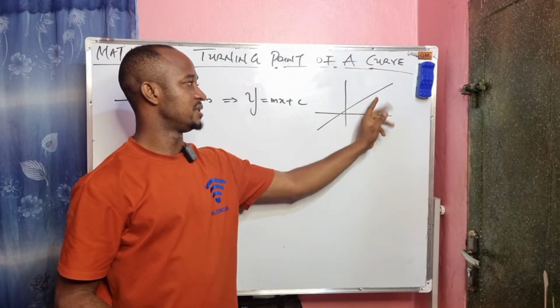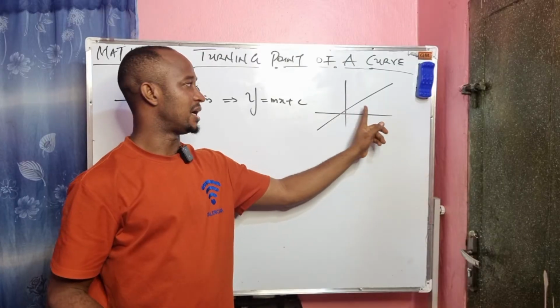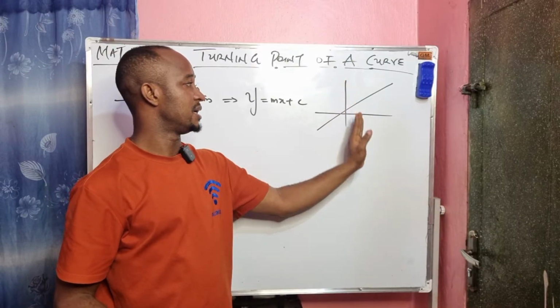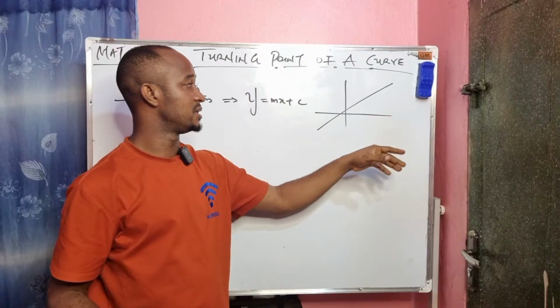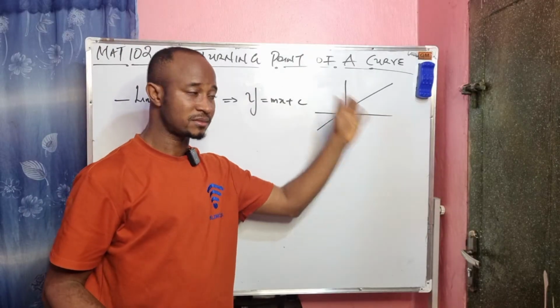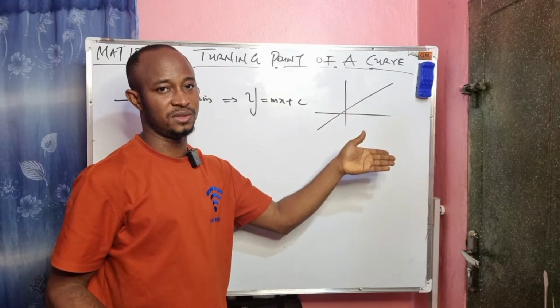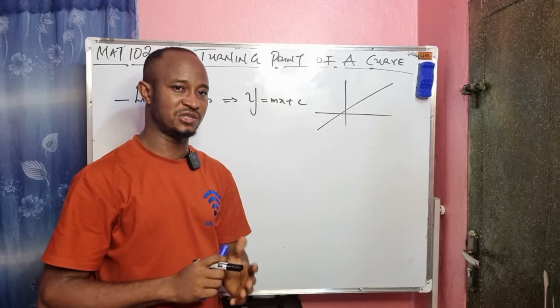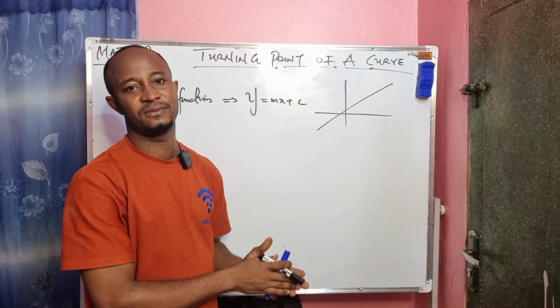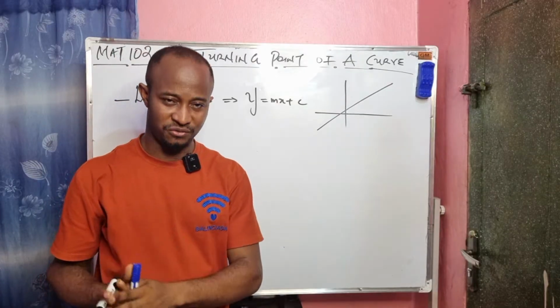As x is increasing, y is also increasing. As x is decreasing, y can also decrease. So any graph that gives you a straight line is a linear graph, also called a linear curve.